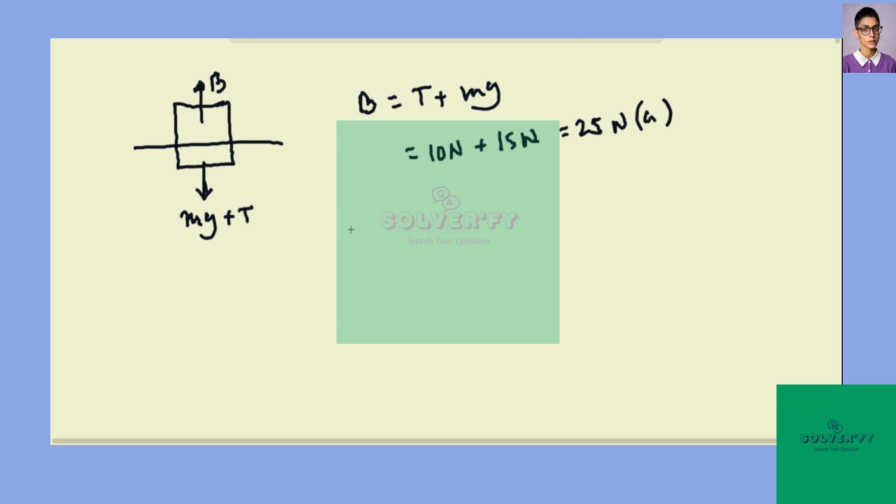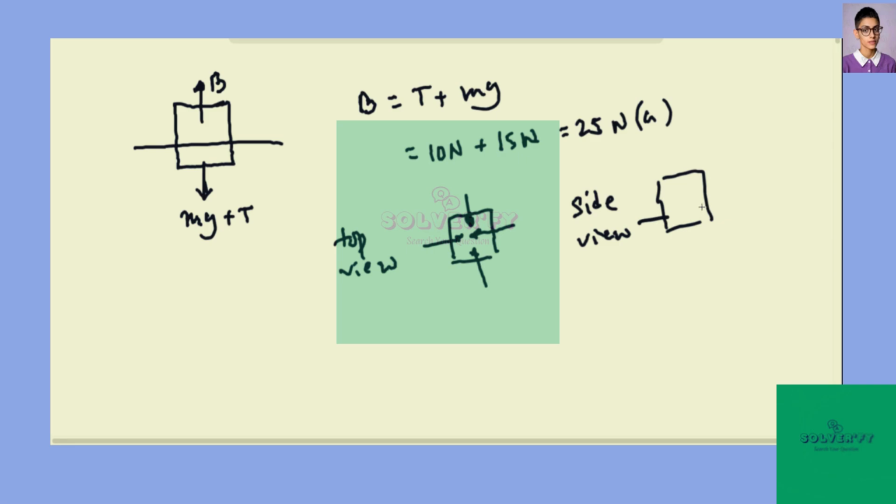Now, if we look at the top view, the force that the oil exerts will be in the inside direction from the top, and from the side view, you will have water over here and oil over here.